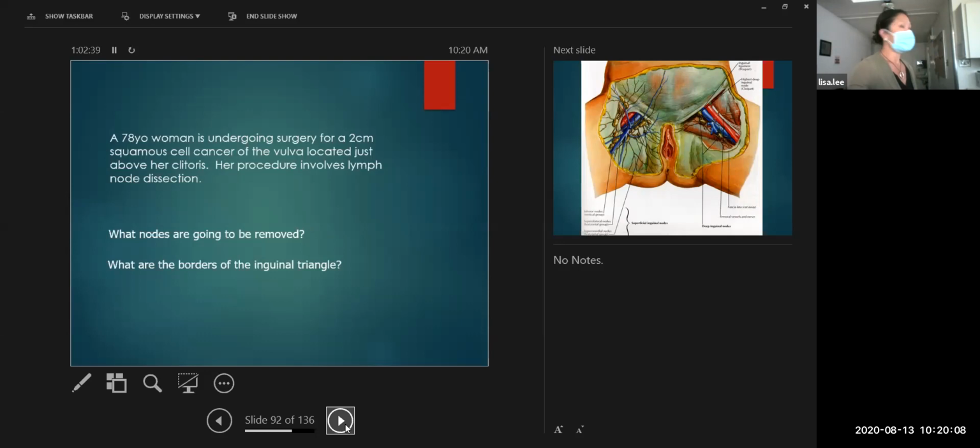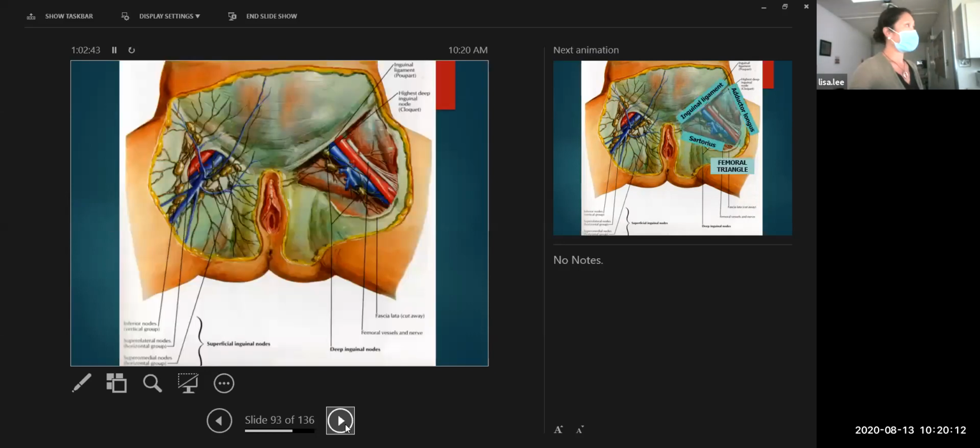Those are the nodes located in your inguinal triangle. So here's this anatomy. You can see these are your nodes, and there's this triangle, the outline of the area you want to resect.